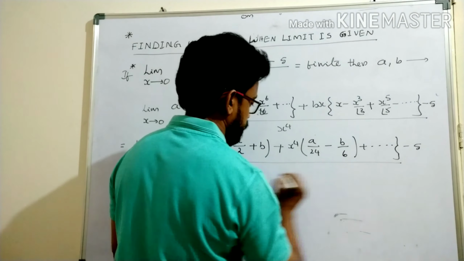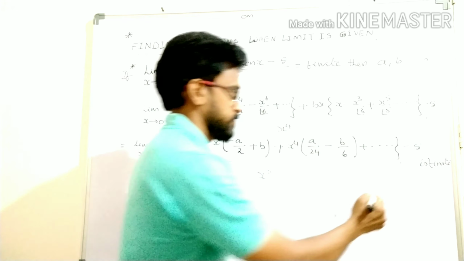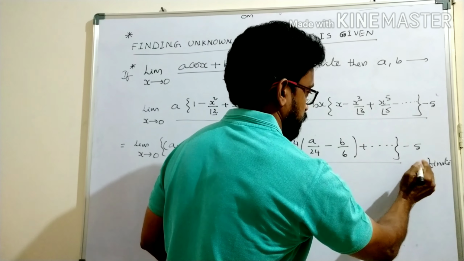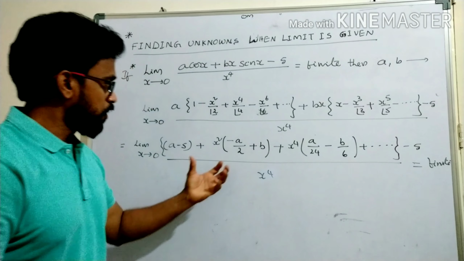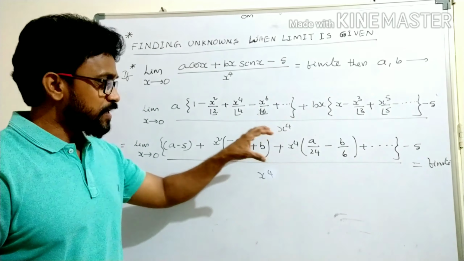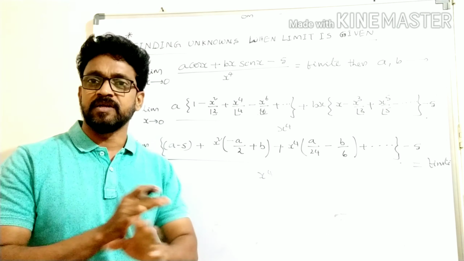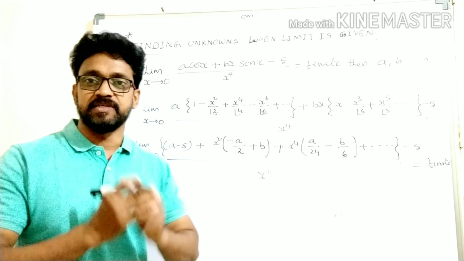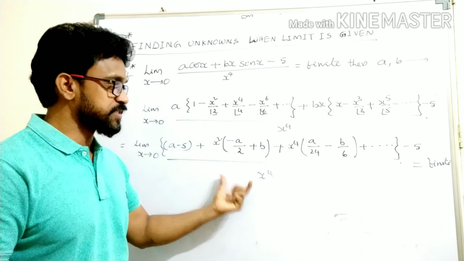Now concentrate here. This limit is finite. Right. Now how to estimate the unknown values, a value and b value? This limit is finite means 100% the limit exists.